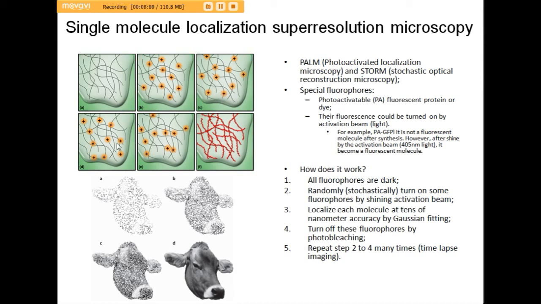We can repeat this process again and again. For each repetition, we get a set of molecules imaged. If we add up all the molecules together, we can get a high resolution or super resolution image of PA-GFP labeled microtubules.